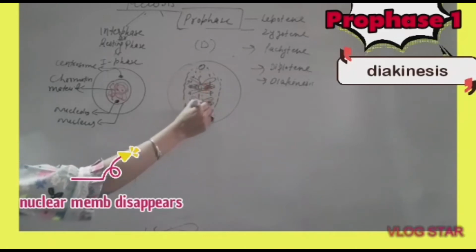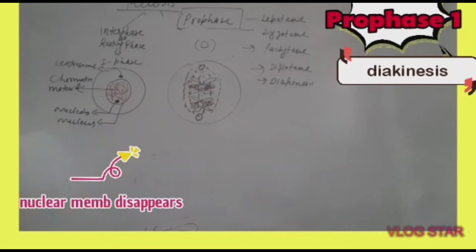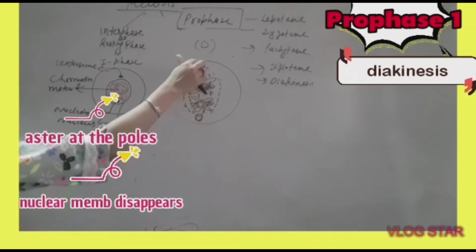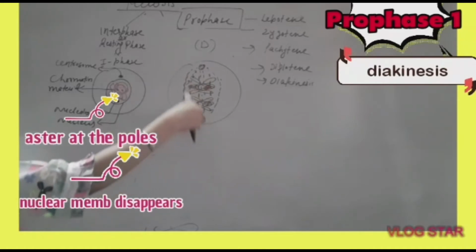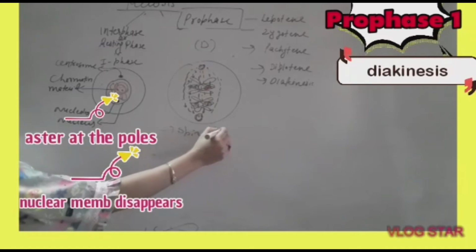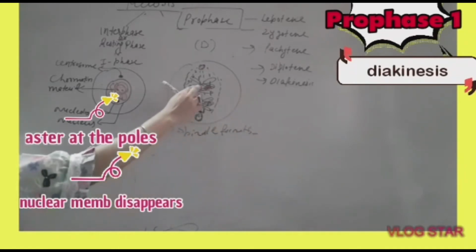These dotted lines are the elongated aster rays, now known as spindle fibers. So these asters, centrioles, come to the opposite poles and they give rise to the spindle formation. So spindle formation takes place during diakinesis, and the synaptonemal complex dissolves more.